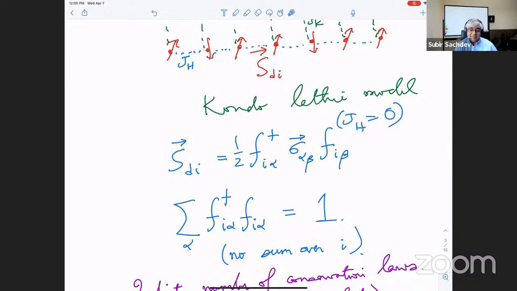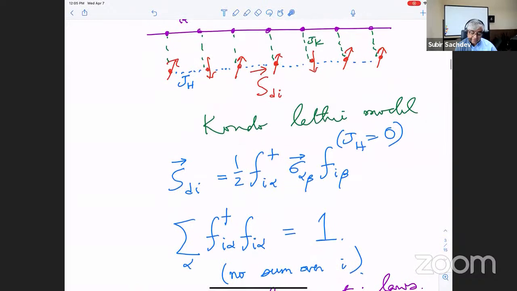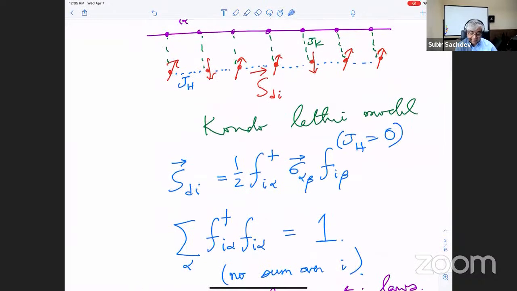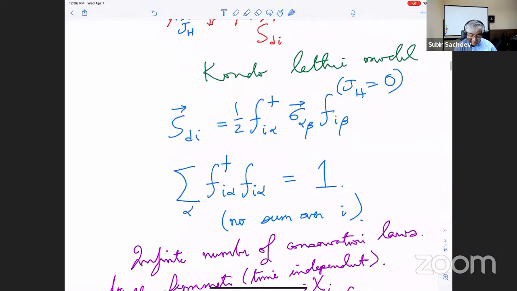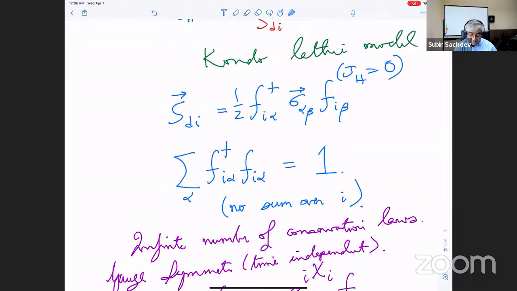There's always exactly one fermion on each site to make sure that there are only two physical states, spin up and spin down. This is an operator that must be obeyed at all times, so it commutes with the Hamiltonian. And because it's true on every site, you have an infinite number of conservation laws.